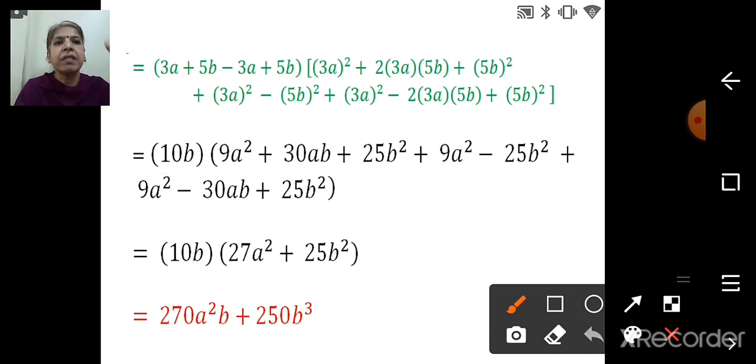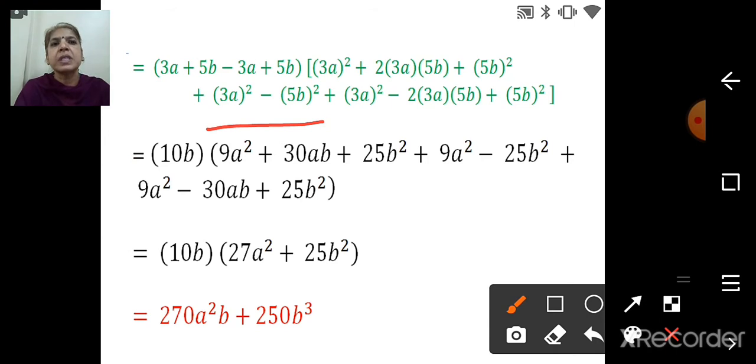Now the second one, 3a the whole square. Square of 3, 9. It is 9a square. Then the second part, 2 into 3, 6. Into 5, 30. 30ab. And plus 5b the whole square. So it is 25b square.